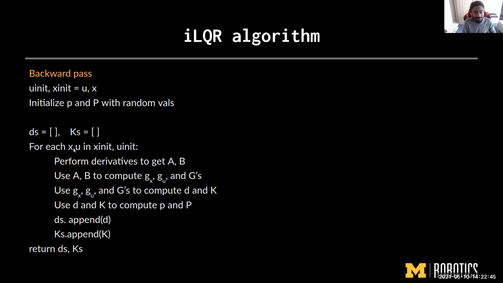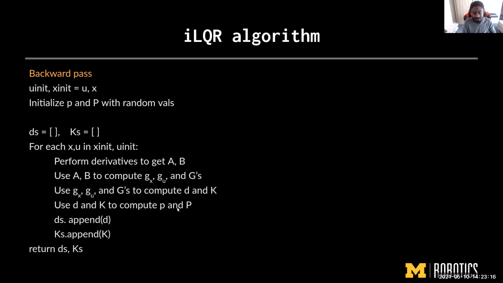Then for each of the states x and u in the initialized u and x, we take the derivatives of the cost function to get some matrices A and B. We use these A and B matrices to compute some gradients. We'll go into more detail on what these gradients are. Then we use these gradients to compute the D and the K.